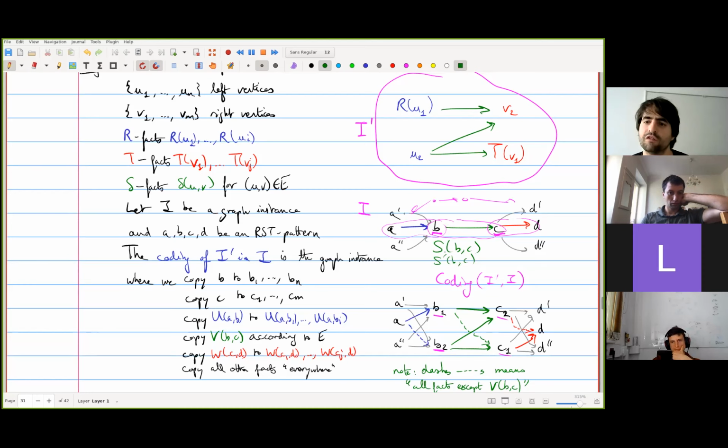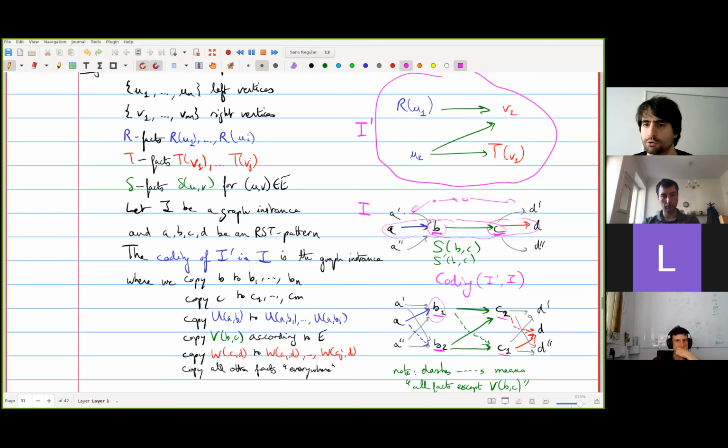So I have chosen one fact, like which I met here. The green arrow actually means all the facts are here, including the chosen fact. The dashed green arrow means all the facts are here except the chosen fact. And as for the blue arrow, it is here for the left vertices for which there was an R-fact in the bipartite graph.